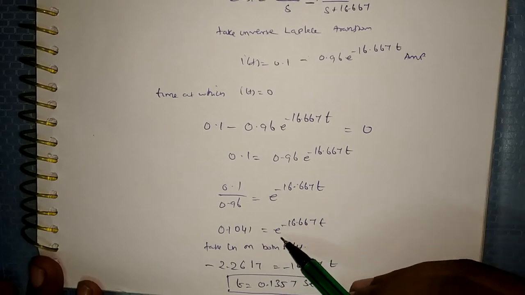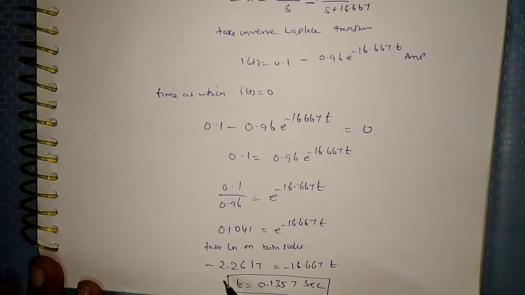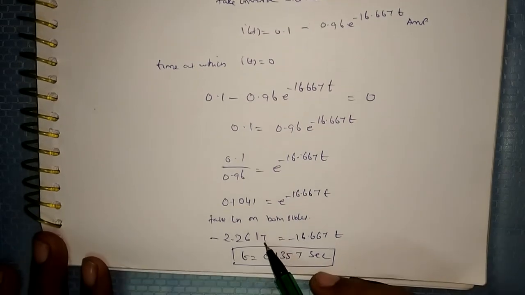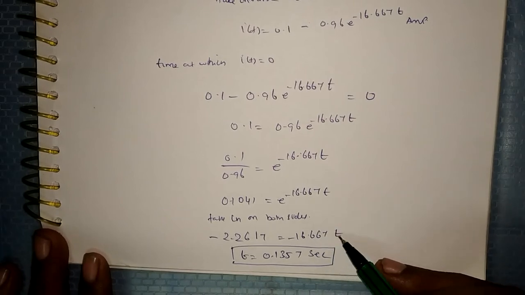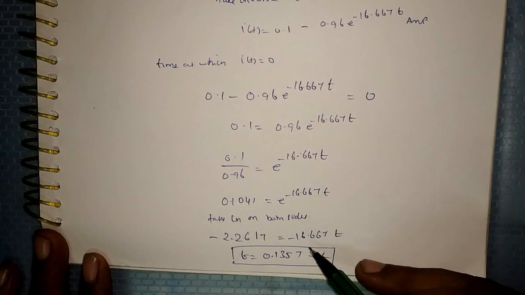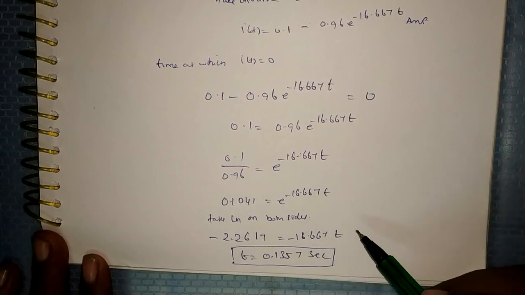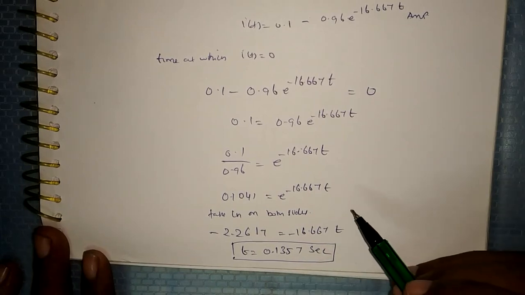How can I cancel this e? I need to take ln on both sides. If I take ln of 0.1041, I will get minus 2.2617 equal to minus 16.667 t, since ln e power minus 16.667 t can be written as minus 16.667 t. So I will get time equal to 0.1357.